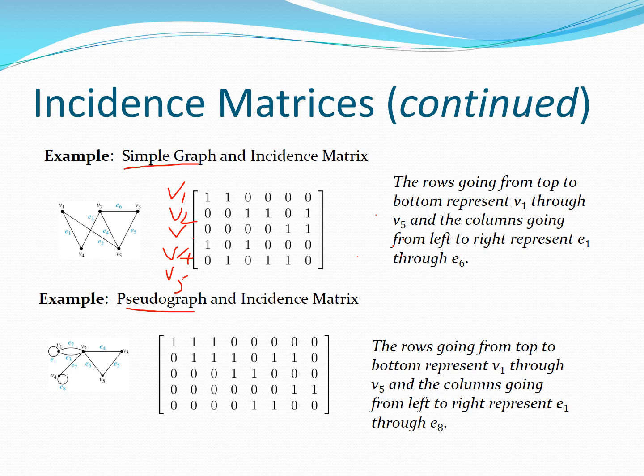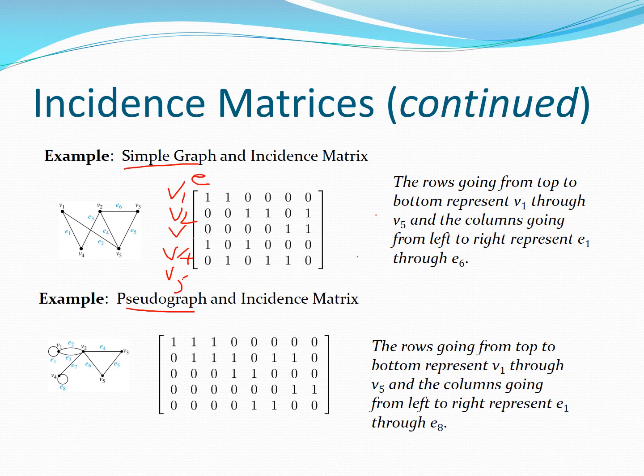Then along the columns you're going to write each of the edge names. Before you start this, you'll have to give names to your edges. It does not matter the order in which you name the edges. You can follow any order, but give a name from E1, E2, and so on until you have covered all edges. So let's start with this.